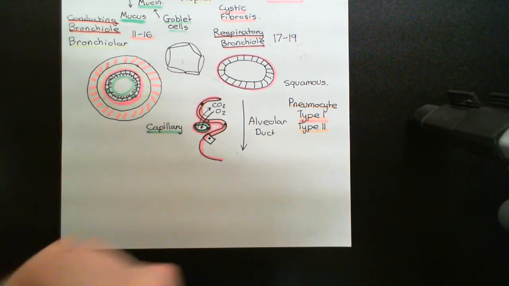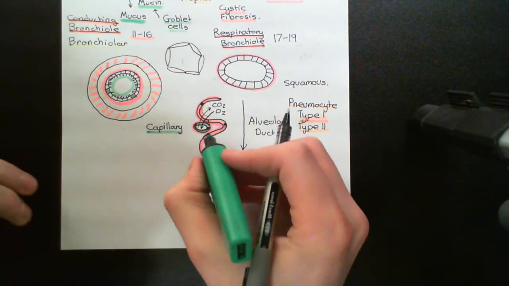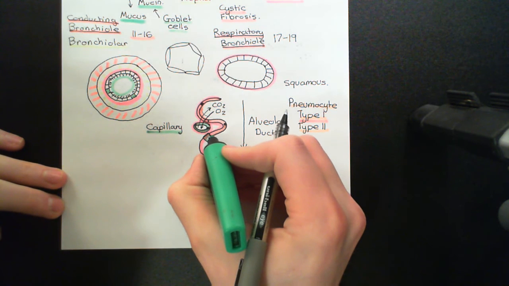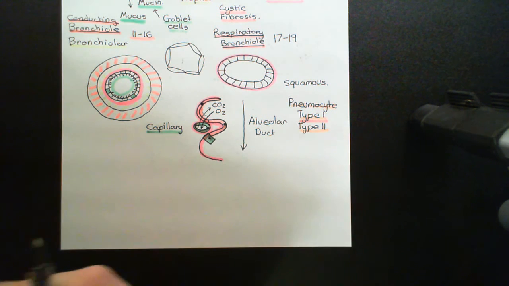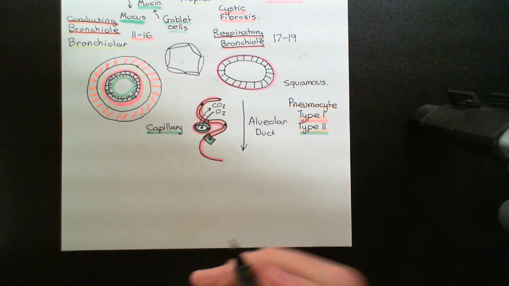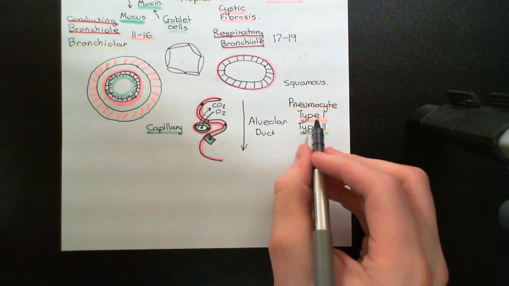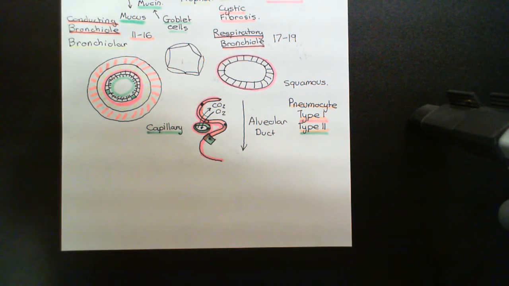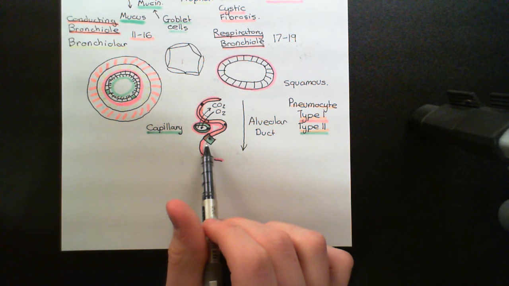So type 2 pneumocytes look much more like the columnar epithelial cells that we found everywhere else. So here in green, this is a type 2 pneumocyte. And their job is very different to the type 1 pneumocytes. Well, they're still there to cover up a space.